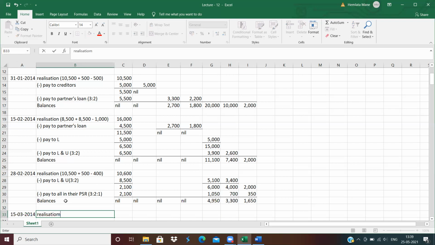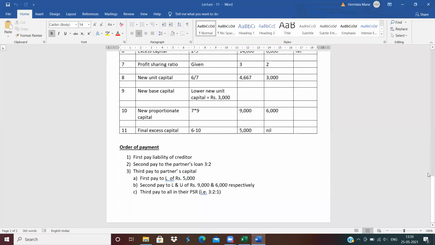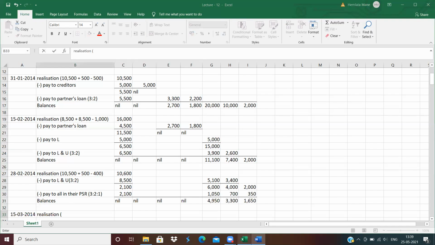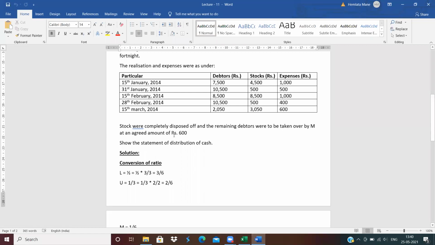Realization. How to calculate the realization? See, 2,050 plus 3,050 minus 600 expenses, plus stock were fully disposed, but the debtors are still remaining.